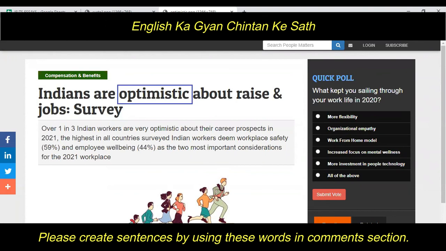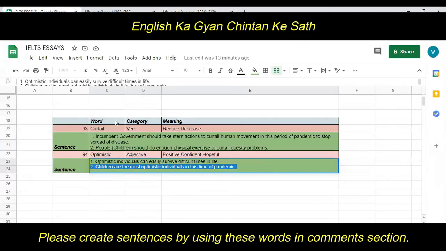Indians are positive that okay, in the near future, more number of jobs will be created, more number of increments will be given. So in that context, the sentence has been written, and instead of using Indians are hopeful about the jobs, they have utilized the words Indians are optimistic about the jobs and about the increments that they are going to get.